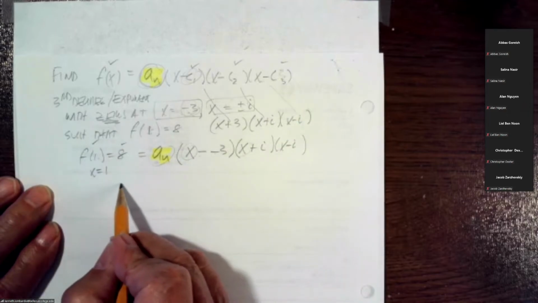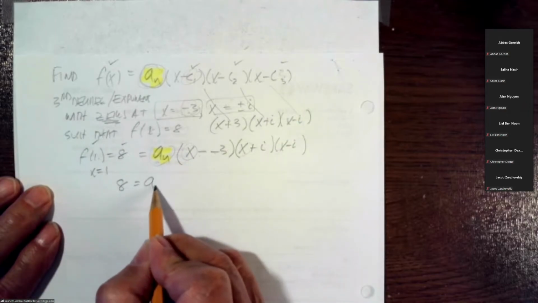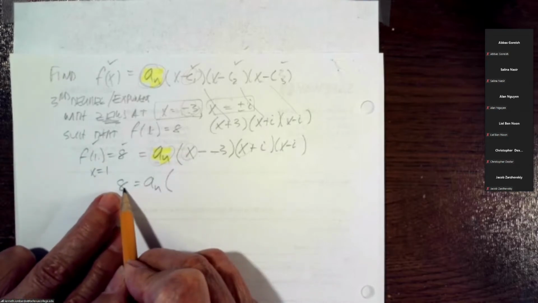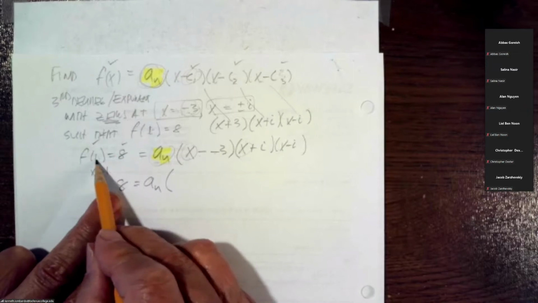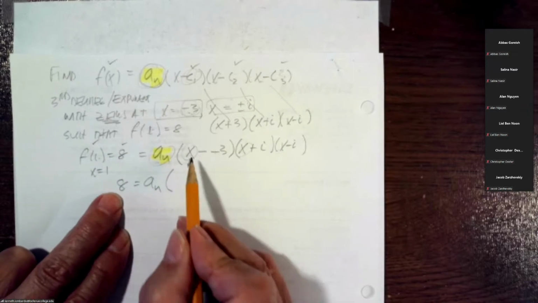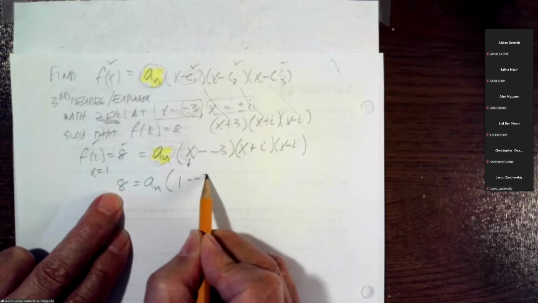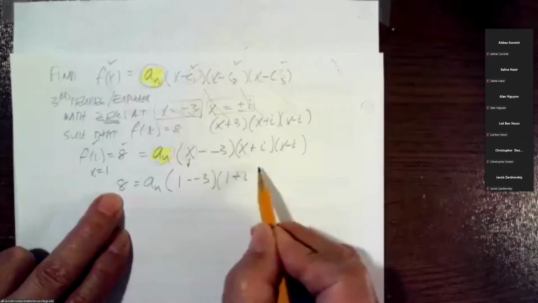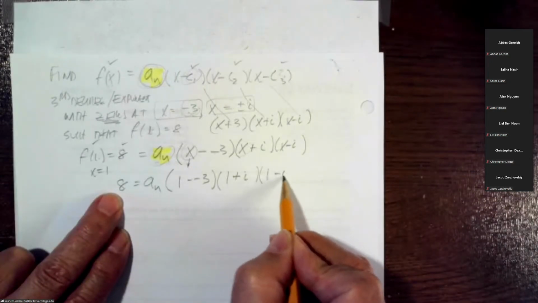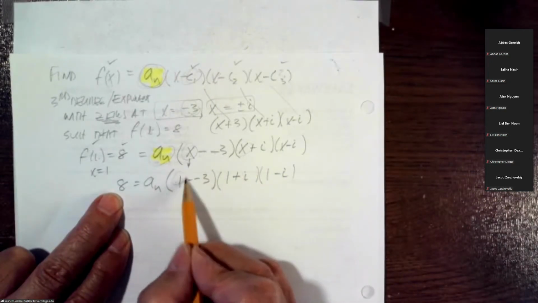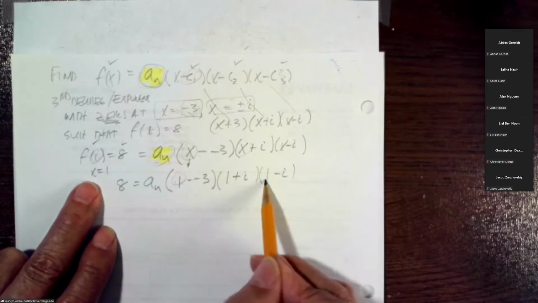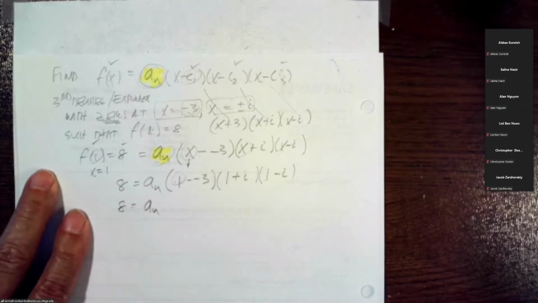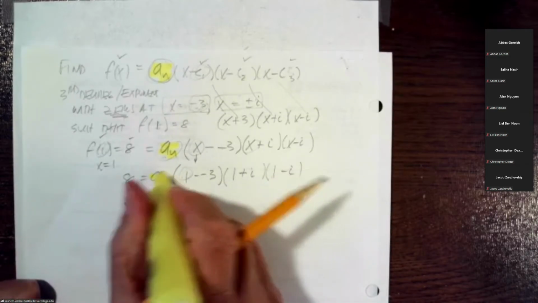So we'll say 8 equals a sub n times, now this f is 8 when x is 1. So I'm going to say 1 minus negative 3, 1 plus i, 1 minus i. So these ones here are this one here. Okay, so 8 equals a sub n, and that's the value we're trying to find.